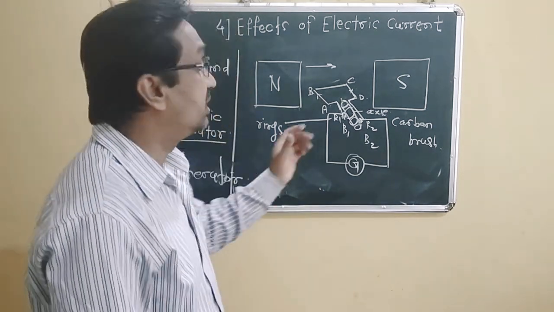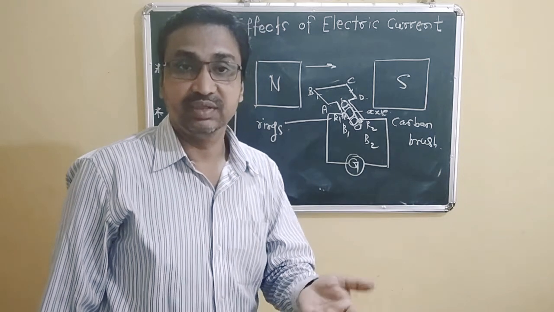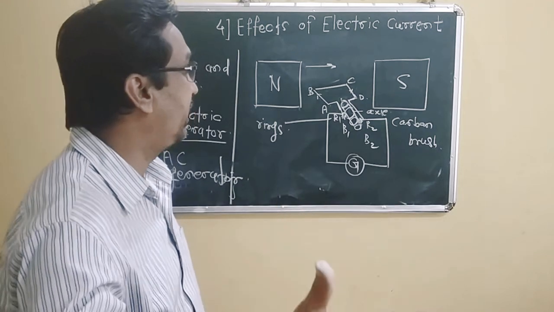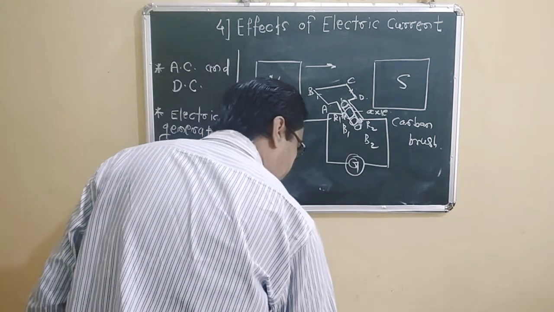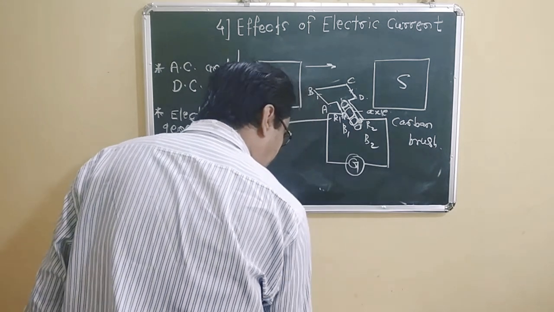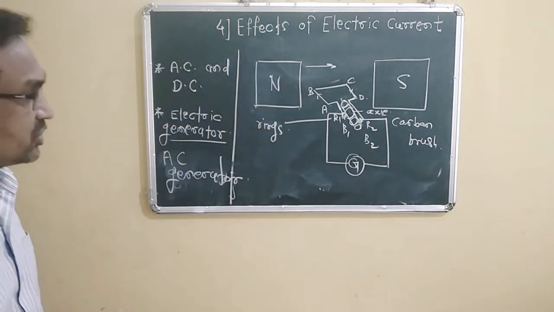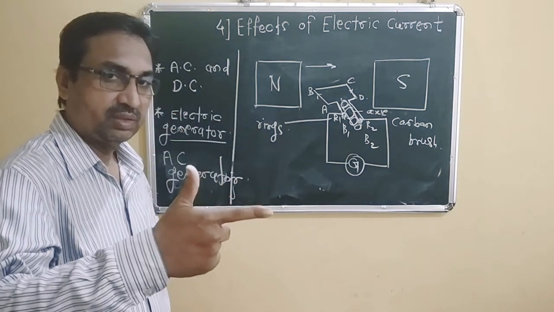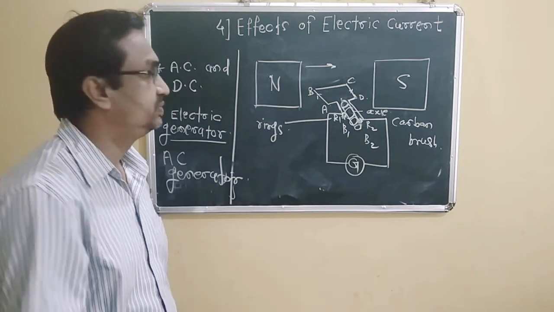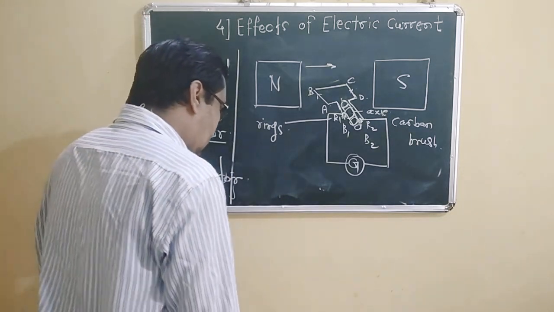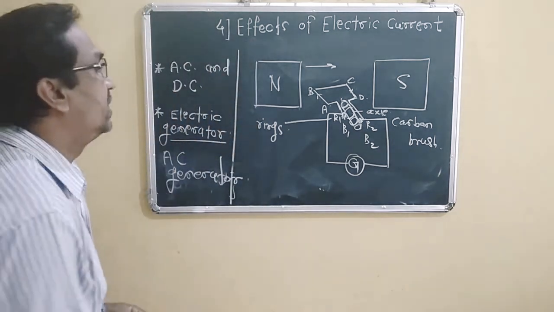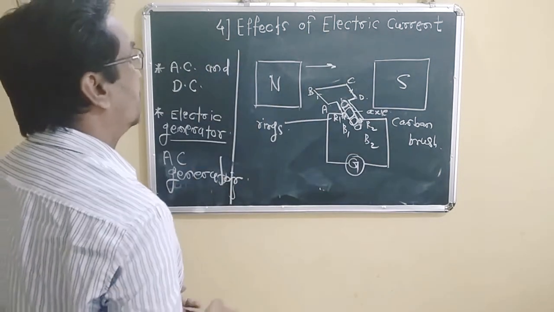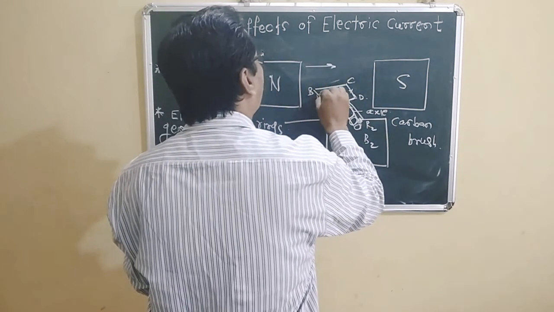We find the direction of the induced current using the right hand rule we studied yesterday, Fleming's right hand rule, for the generation of induced current when a current carrying conductor is displaced in a magnetic field. So what actually happens when we rotate the axle by an external machine? There is generation of electric current.